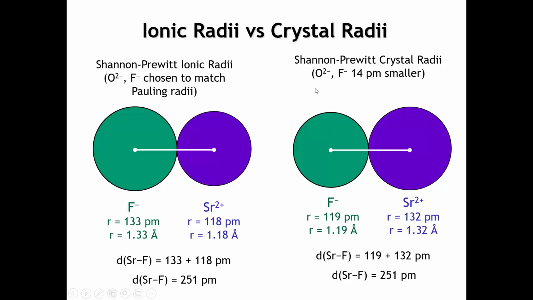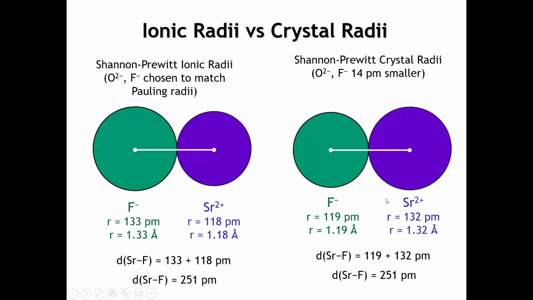But that's not to say it's impossible. If you do careful crystallographic work, you can see where the electron density of one ion might end and the other ion begins. And if you do that, you come to the conclusion that Pauling thought the anions were actually larger than they really are. Shannon and Prewitt estimate that these anions are actually 14 picometers smaller than Pauling estimated.